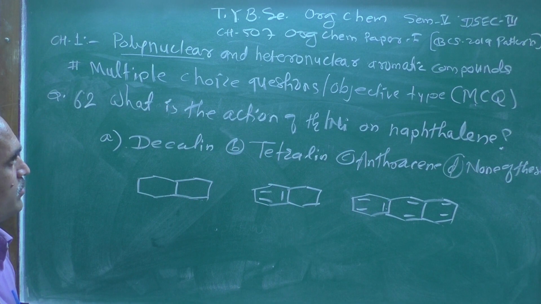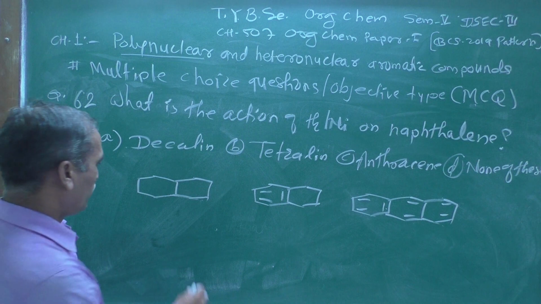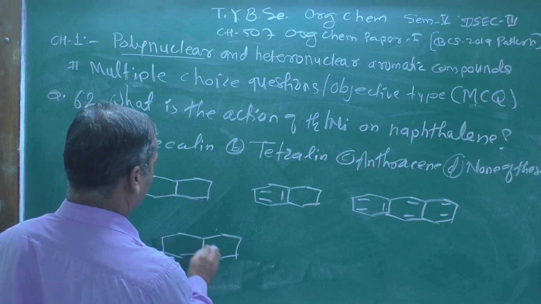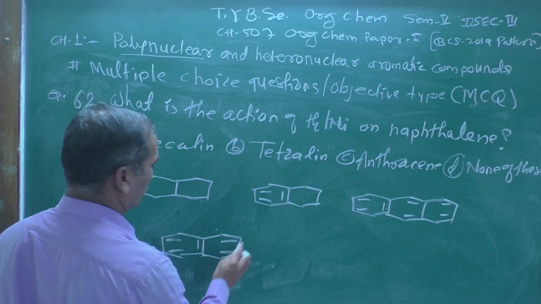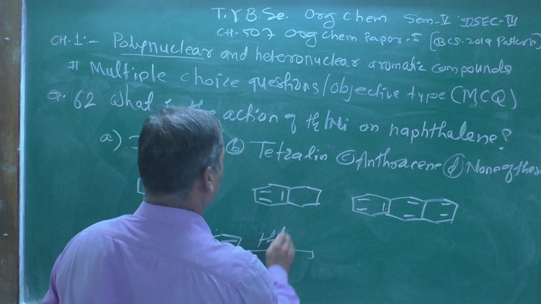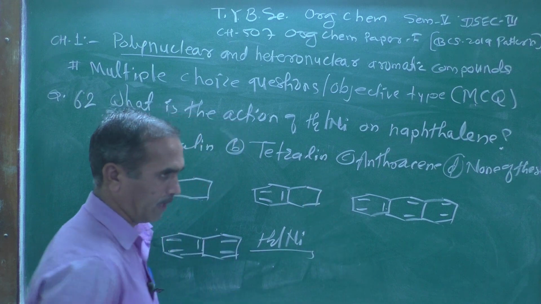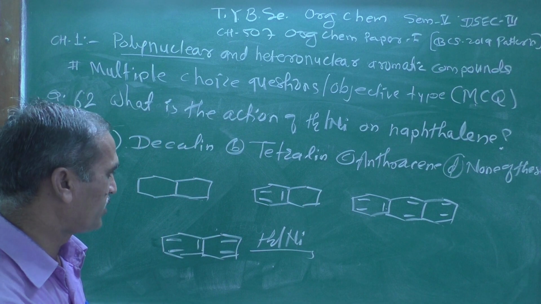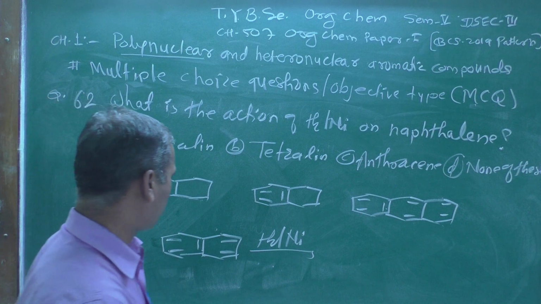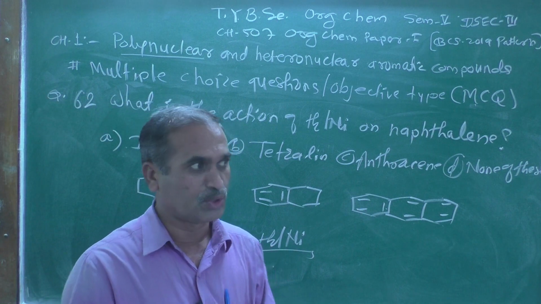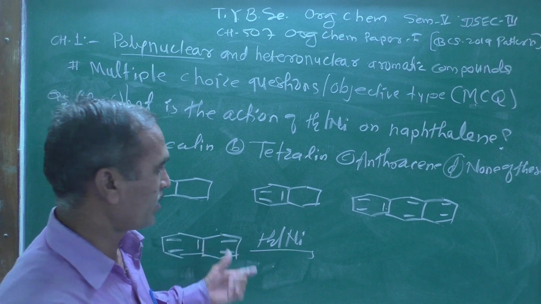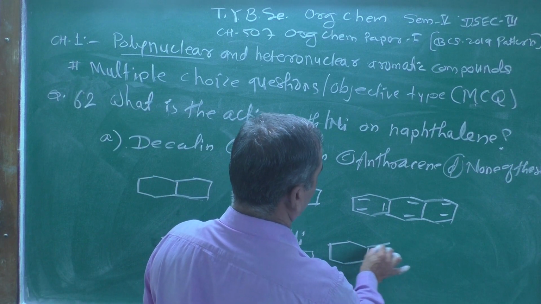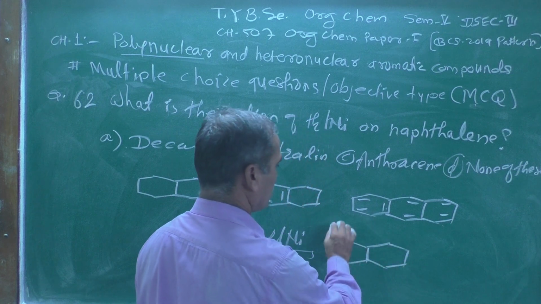So if you remember, what is the action here? When naphthalene is treated with H2 in presence of nickel, which is a strong reducing reagent, it reduces the naphthalene, and the resulting compound is always obtained like this.